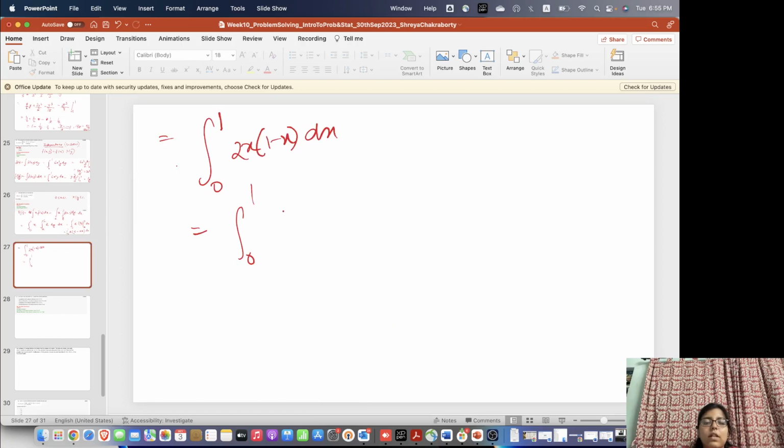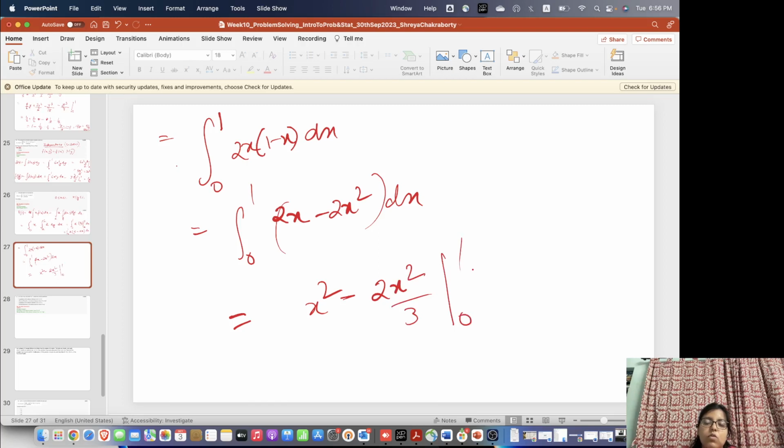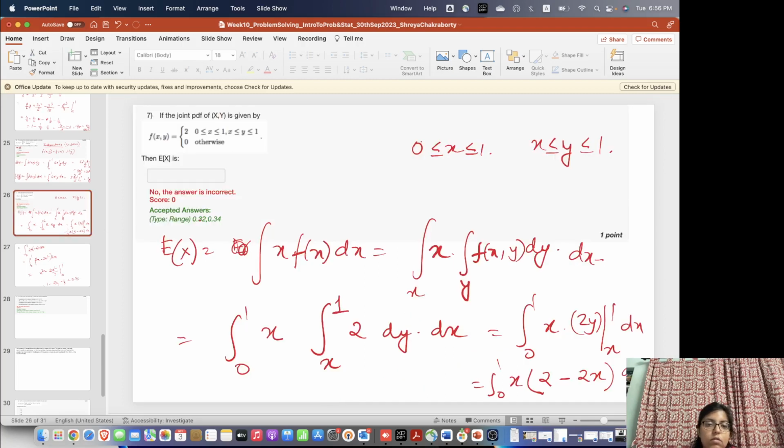So it is 0 to 1, 2x minus 2x square dx. So this would be x square minus 2x cube by 3, from 0 to 1. So this is 1 minus 2 by 3, that is 1 by 3, 0.33. So yeah, this is the range, 0.33. Anything between this, if you write, you would have gotten a +1.